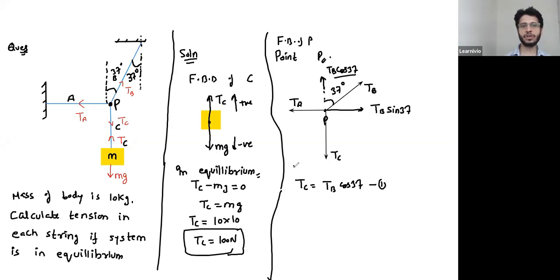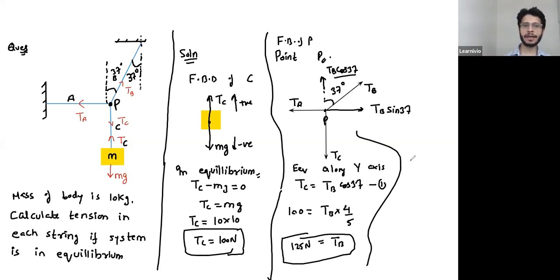If I consider equilibrium along the y-axis, you can substitute the values. You know that TC is 100, TB is unknown, but you know the value of cos 37. Cos 37 is 4 by 5. So this is your TB. How much is this? 25 into 5, 125.